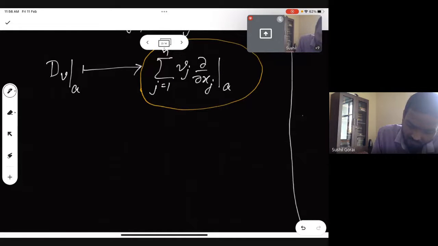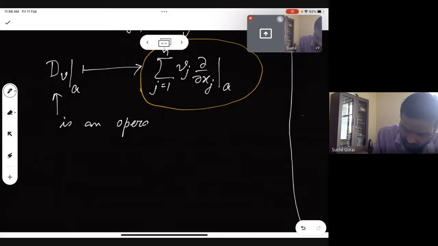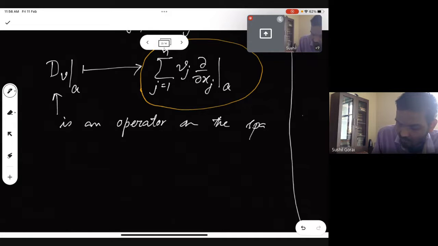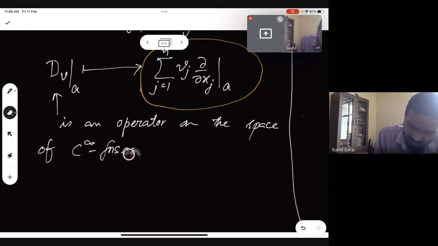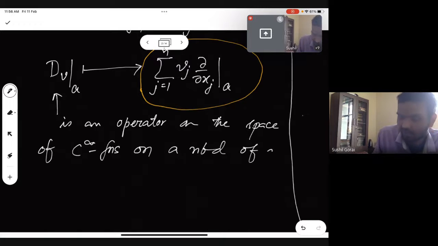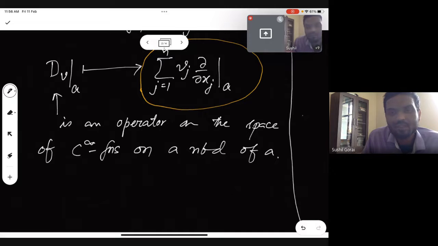So this is an operator on the space of C-infinity smooth functions on a neighborhood of A, right? Does this make sense?